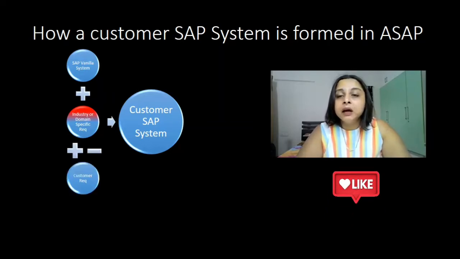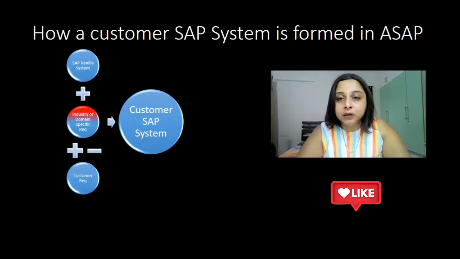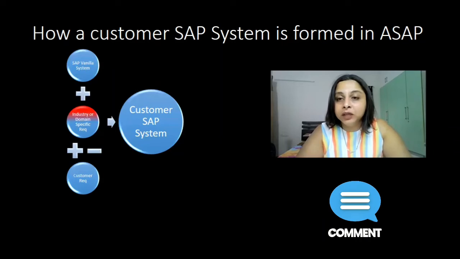And in addition to that, you might have certain custom requirements which are specific to your customer's organization. You might have to implement those. Now, all this together forms the customer SAP system.